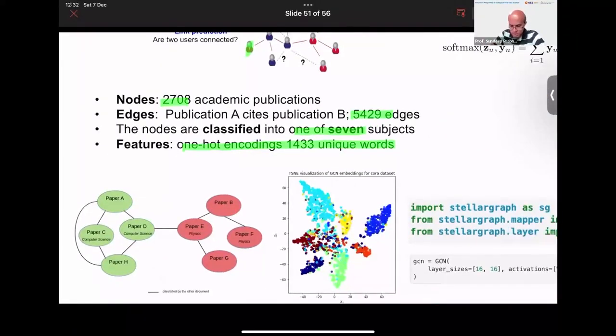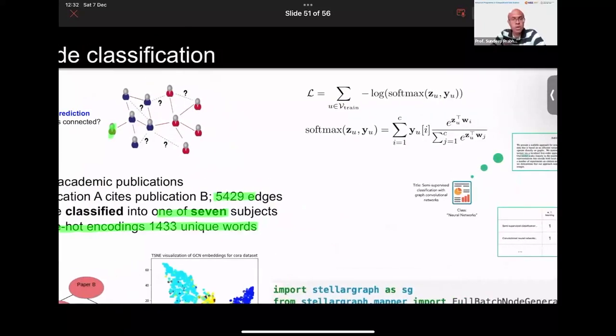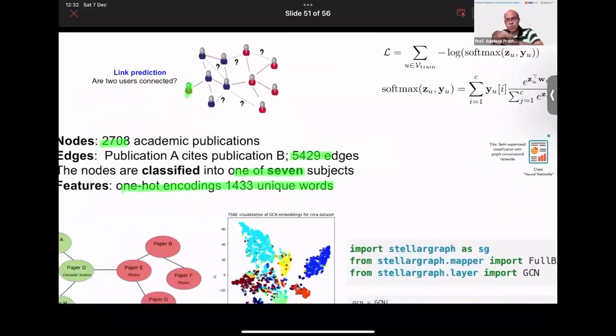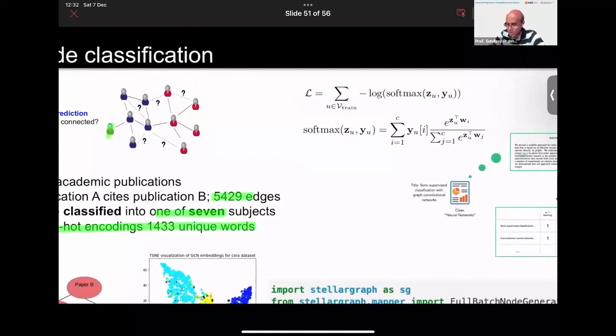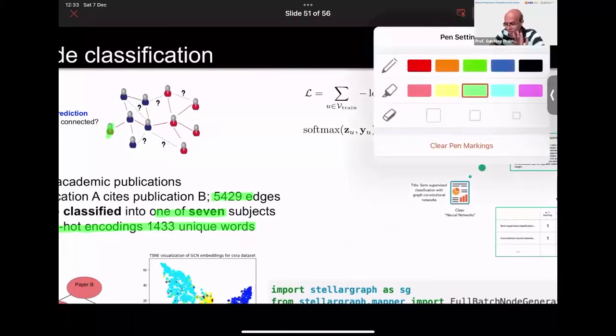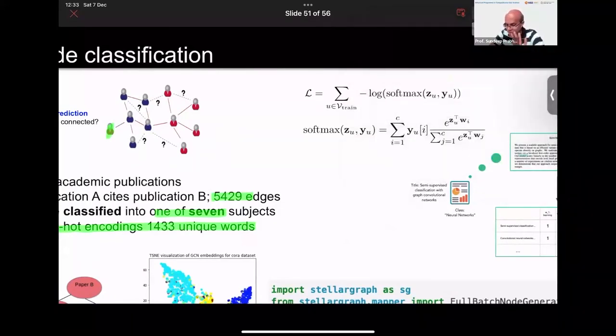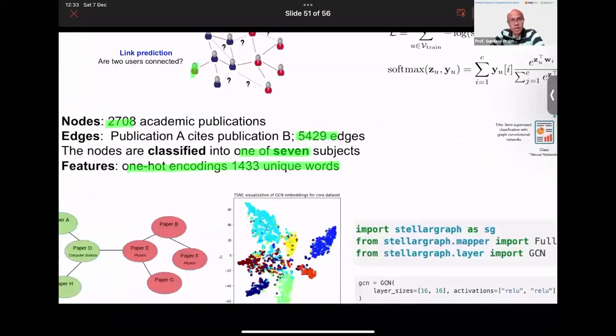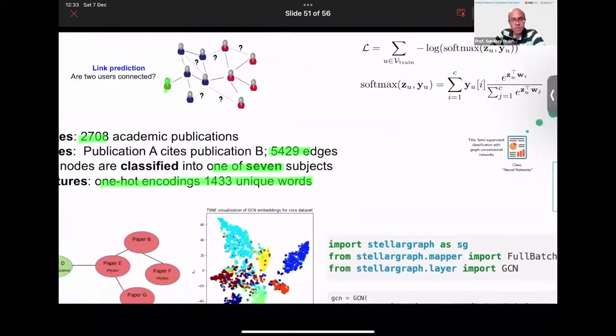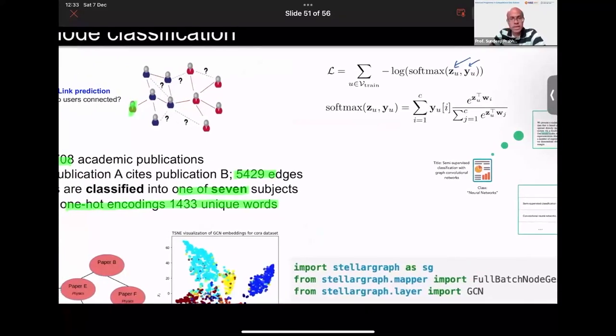So now what you would do is you would take this information, pass that through a graph neural network, several layers of graph neural network, and then eventually at the output layer, you should have a multi-layer perceptron as always. So in this multi-layer perceptron, in the last layer, you would have a softmax layer, which is basically measuring the discrepancy between the label for that node U, which is basically the subject to which it belongs, and the embedding, right?